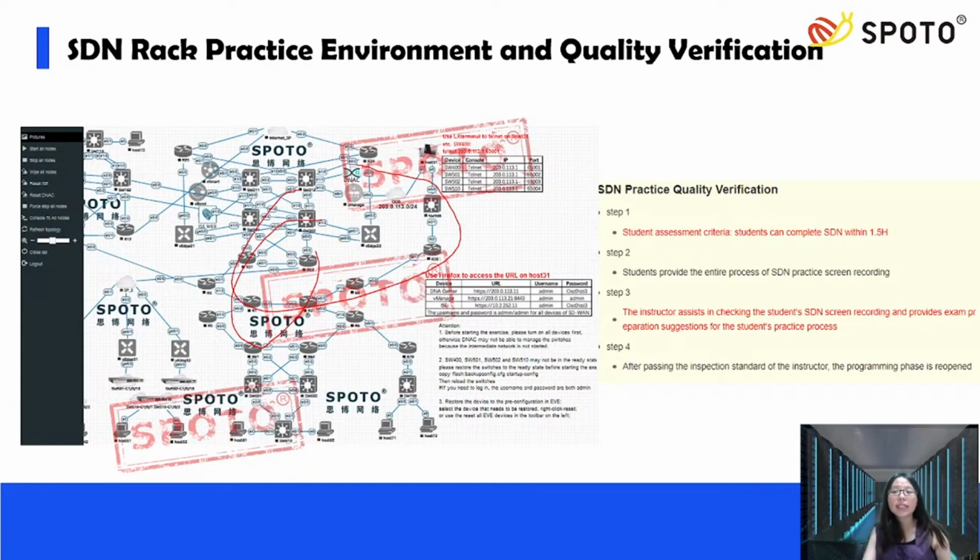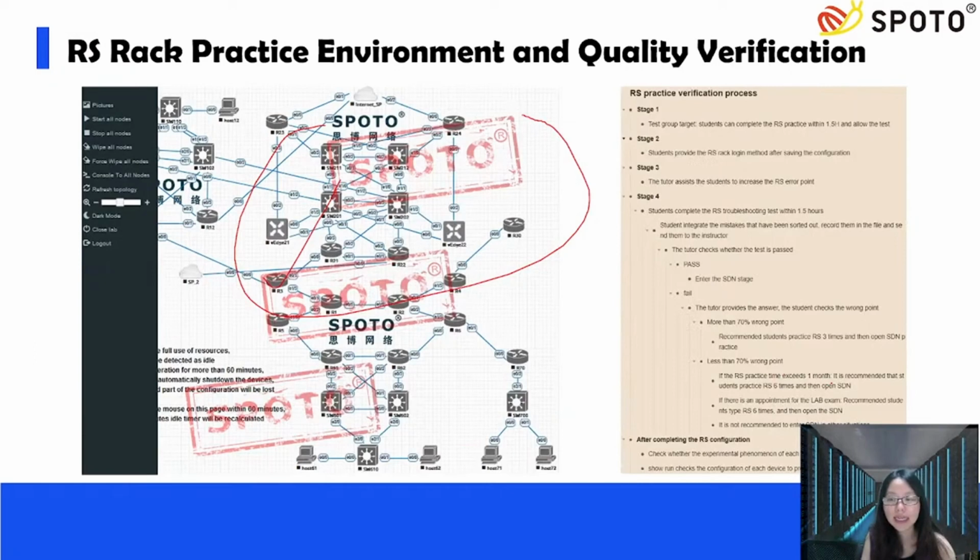So you will get a unique routing and switching practice permission. And when you complete the practice, we will help verify your overall practice quality, and we will tell you where there are deficiencies to improve.